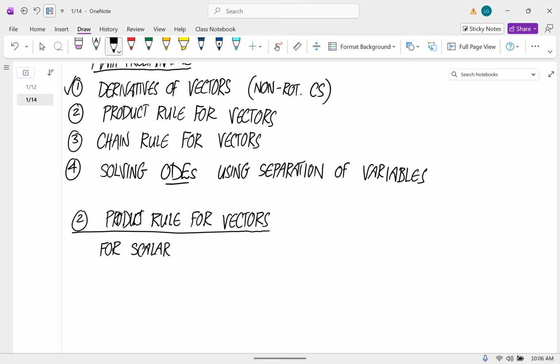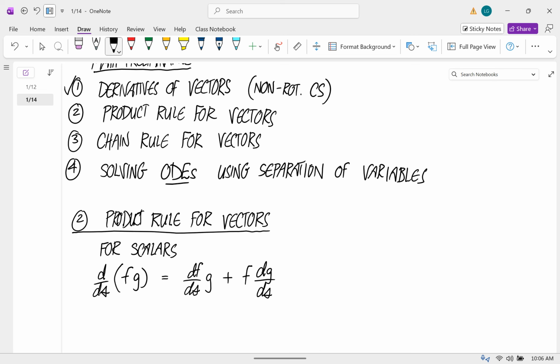If you're taking d ds, it doesn't matter what the variable is, let's say s, of some function or variable f times some function or variable g, the way you do this is df ds times g plus f times dg ds.